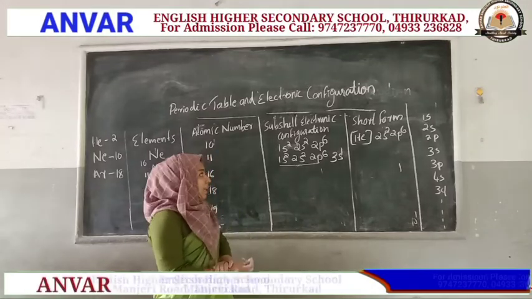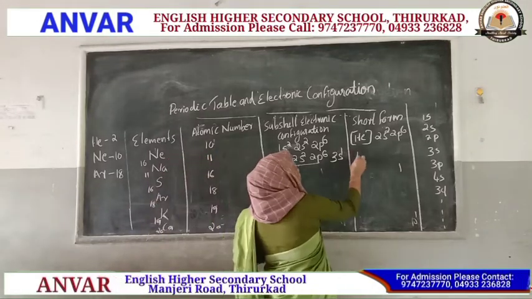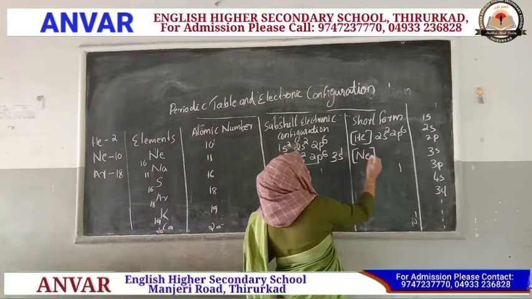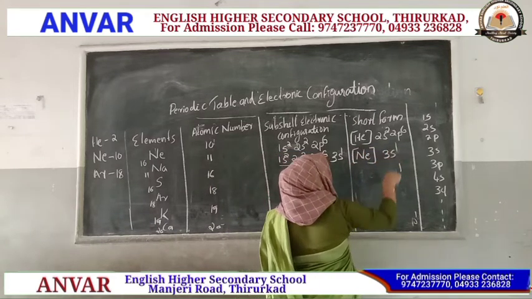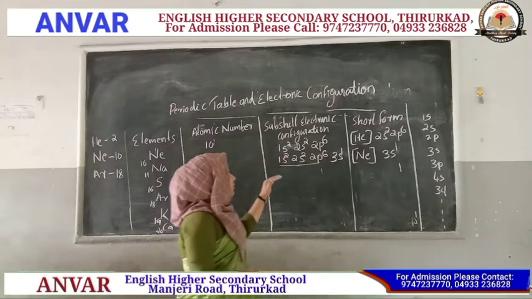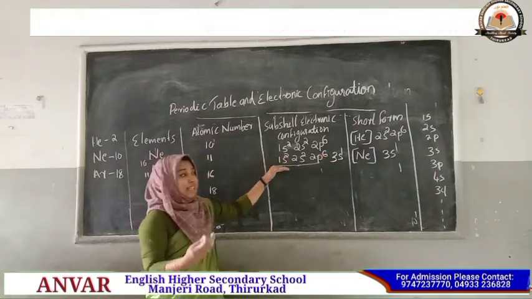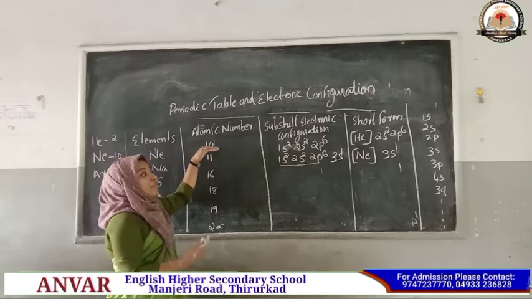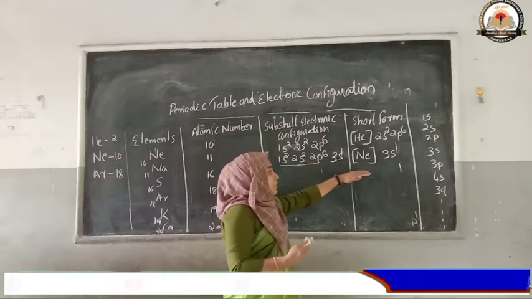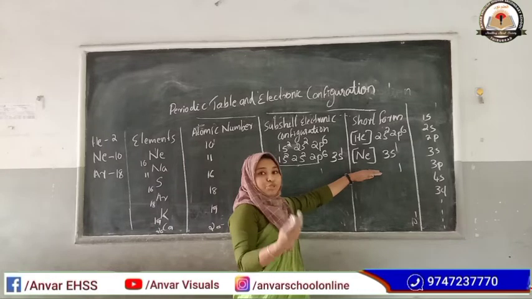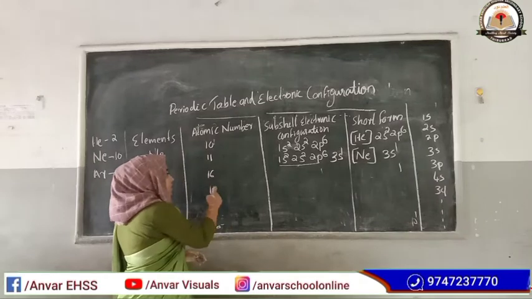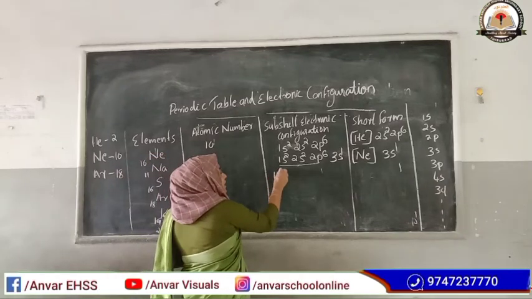So we write the short form using neon: neon, then the valence electron 3s1. The atomic number of neon is 10. After 10, we write the short form of the subshell electronic configuration using neon.